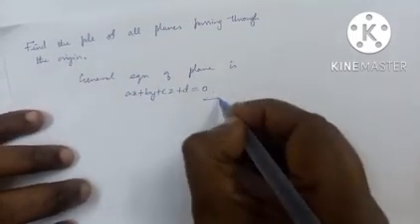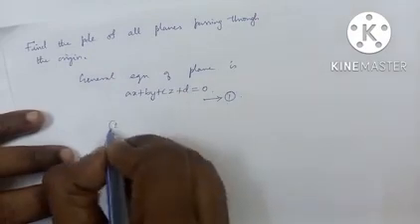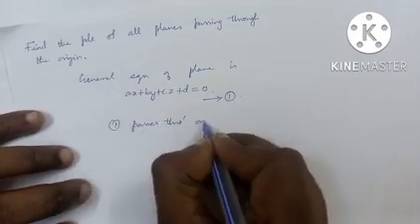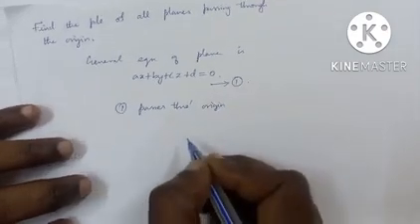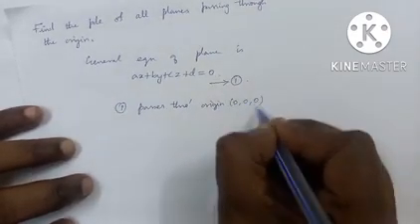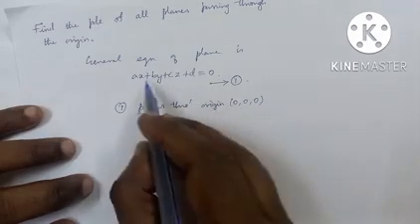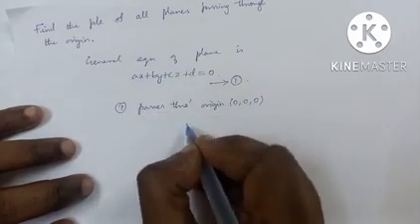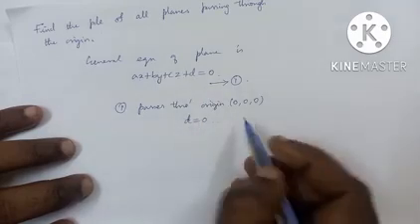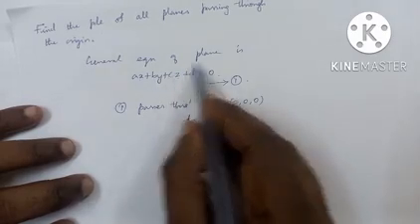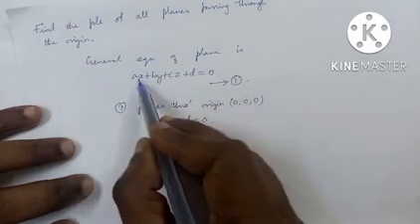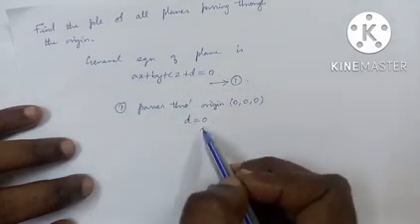When this first equation passes through the origin, what will happen? It passes through the origin, 0, 0, 0. When it passes through the origin, x is 0, y is 0, z is 0, which will give d equal to 0. So when this equation of plane passes through the origin, d will become 0. Okay.